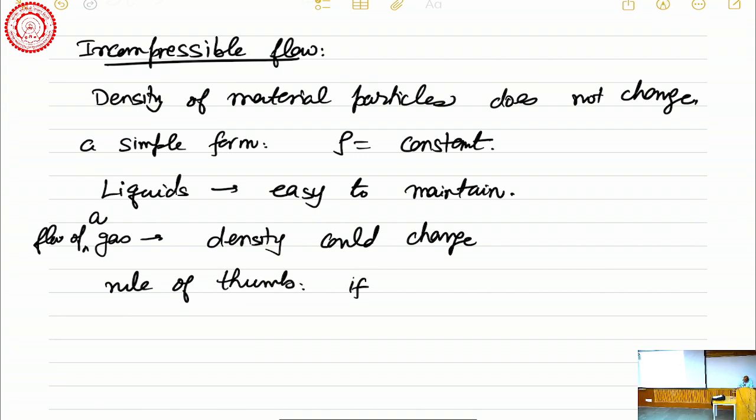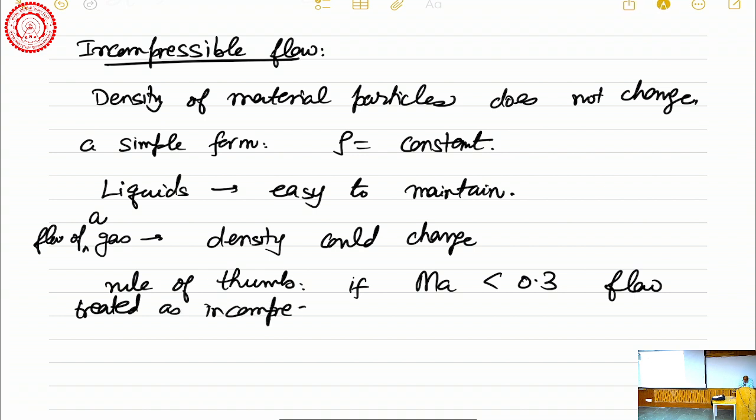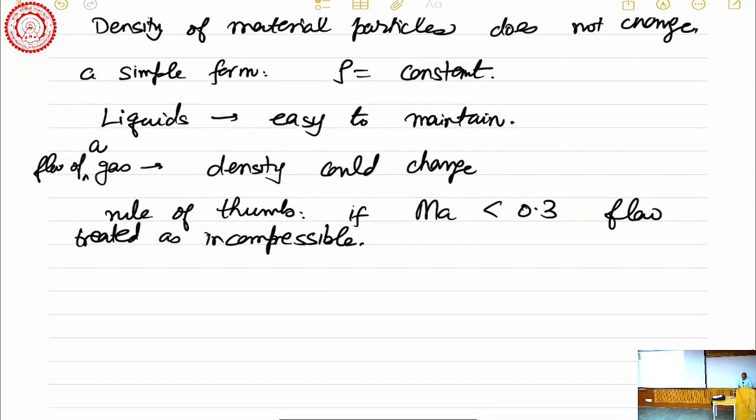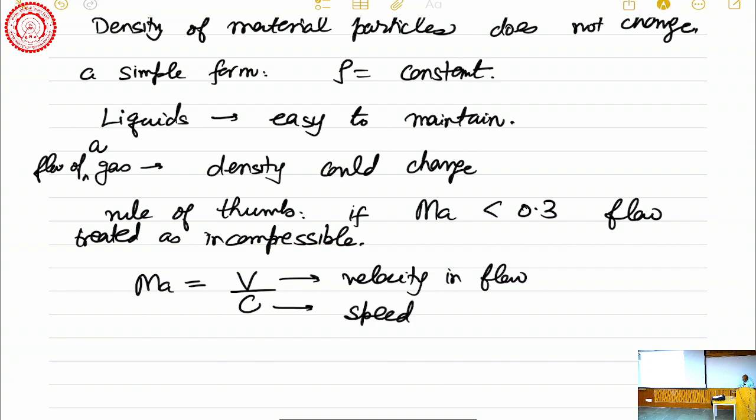If Mach number is less than 0.3, we treat the flow as incompressible. What is Mach number? V by C. V is the typical velocity in the flow, and C is the speed of sound in that medium.